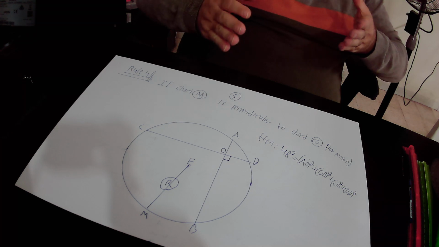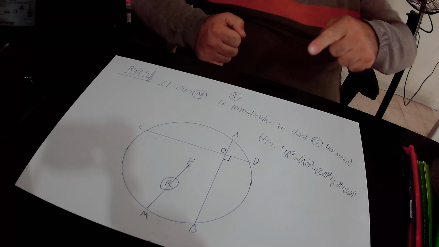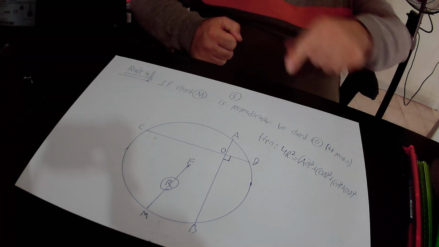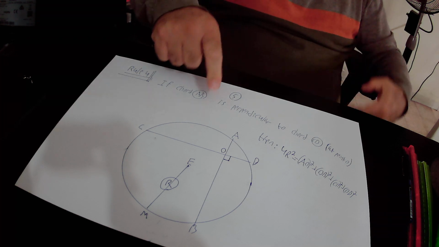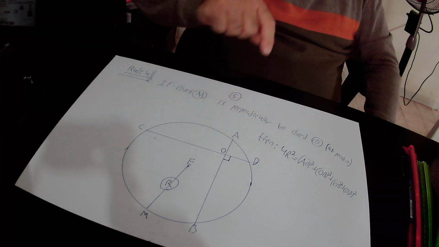Whenever you have two perpendicular chords, you can implement this rule number 4. By implementing rule number 4, we can find the radius of the circle that contains the two perpendicular chords.